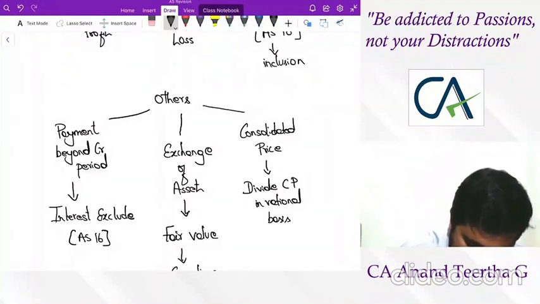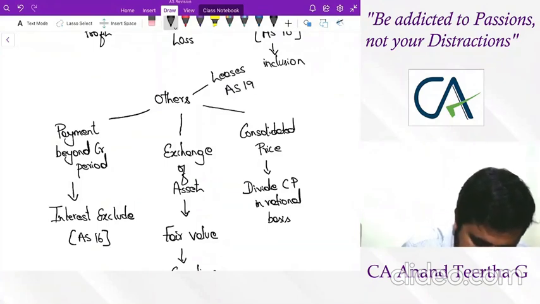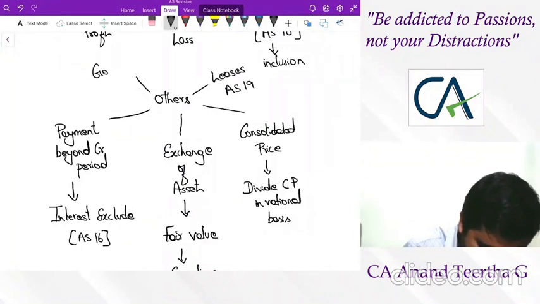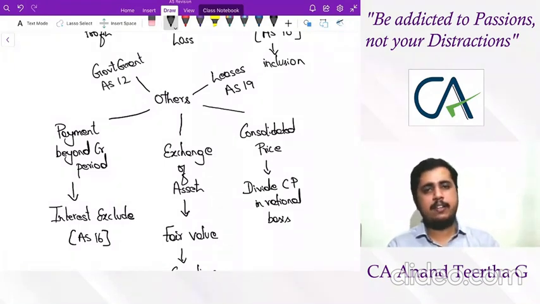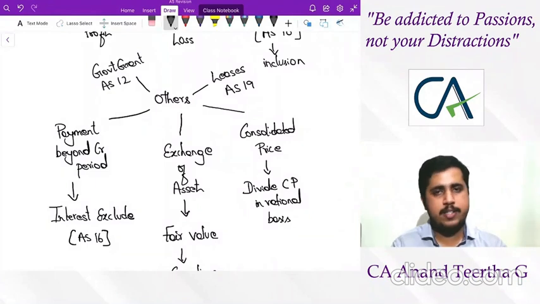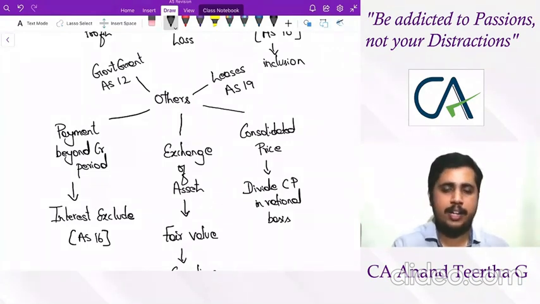Then the other two are just for telling purposes. One, if it comes under leases, then consider according to AS 19. The last part, if it comes under government grant, deal with it according to AS 12. AS 19 is in the second group, but AS 12 is in the first group, which is going to come at a later date.